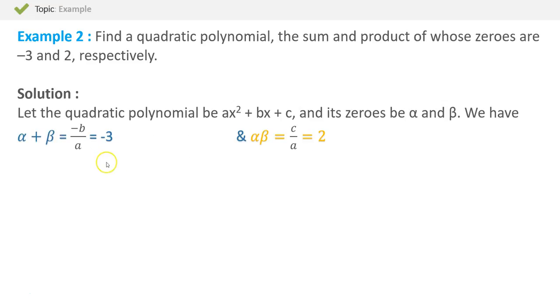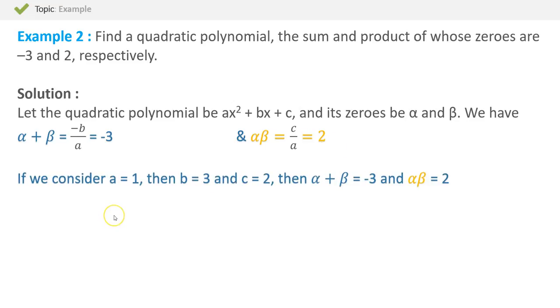Then we'll have alpha plus beta is equal to minus b by a, and in this case what is given is minus 3. So I have minus b by a equal to minus 3. And the product of zeros, which is 2, and by this polynomial alpha into beta is equal to c by a, and hence c by a is equal to 2.